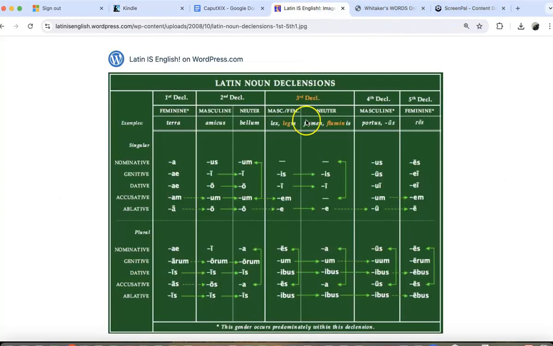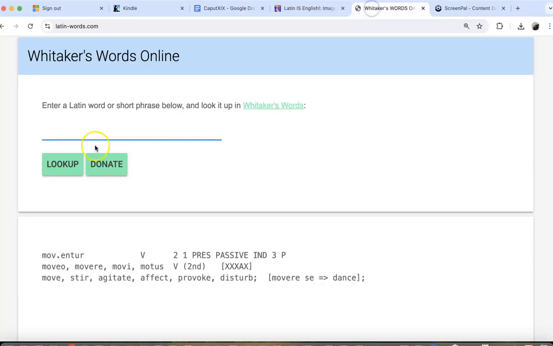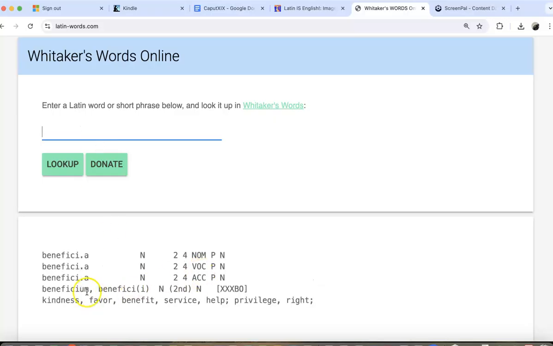We've had a number of these in this chapter. So second declension neuter accusative plural is the letter A. So beneficia, once again, if we're not sure on that, we're going to look it up, but you're going to see that it is a neuter noun coming from beneficium, beneficii.